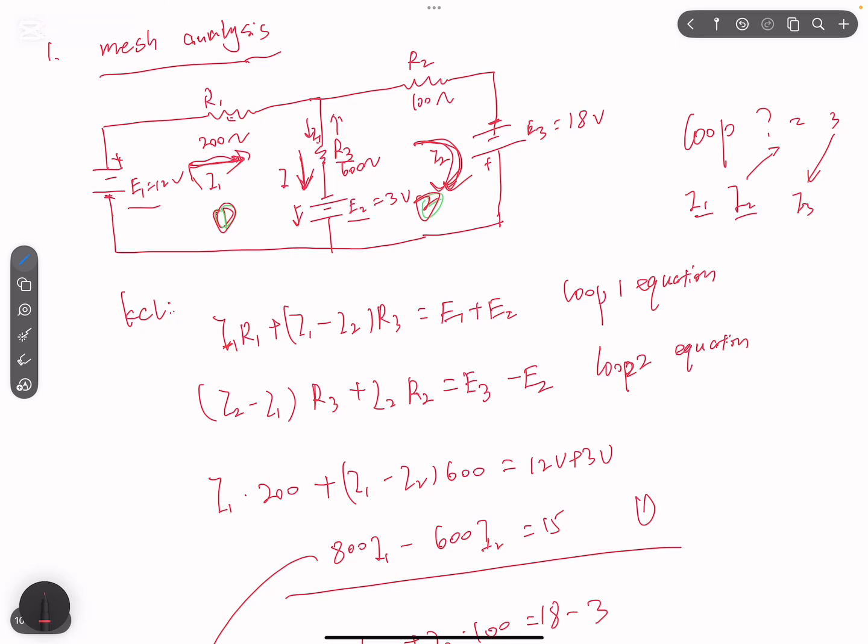But we need to be careful about the directions of the current. We define the R3 current as going downward, so it will be the same as I1 but different for I2. So the total current I will be I1 minus I2. If we get a minus sign for the result, that means the direction is different from what we defined, so it goes upwards.